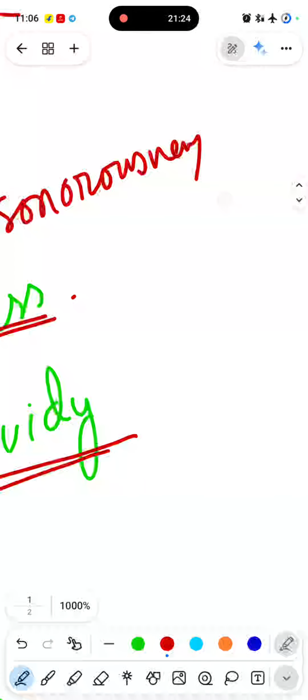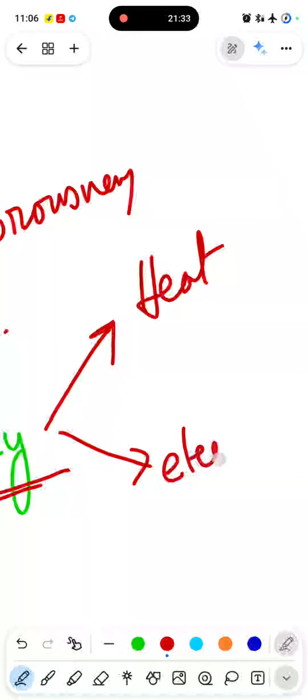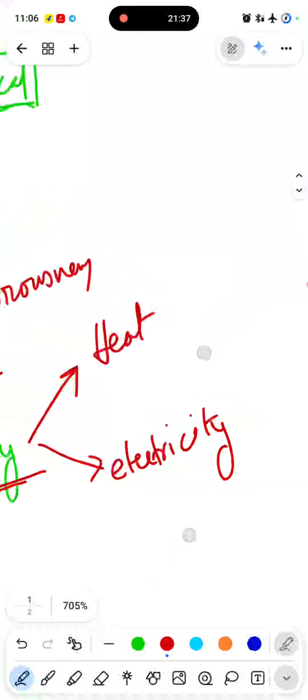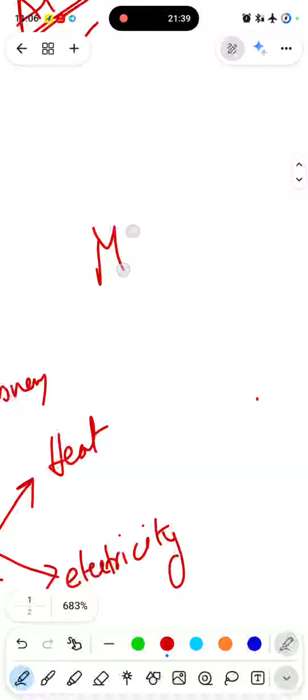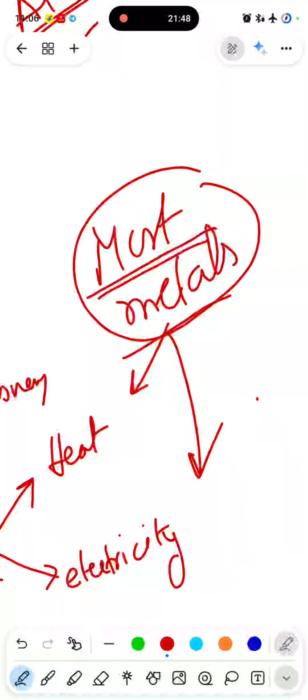Then we have conductivity. Now conductivity is important. Conductivity contains two divisions, that is conductivity of heat and conductivity of electricity. Most metals can conduct both heat and electricity. Most, I said most, not all.